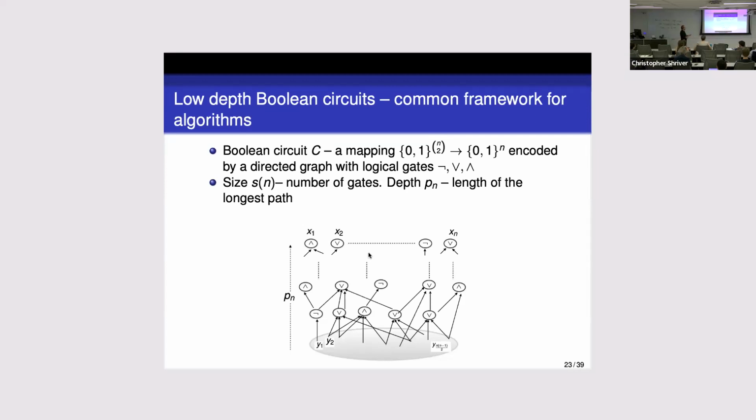All right. So what is the class of algorithms that we consider here? The class of algorithms called Boolean circuits is constructed by considering a certain directed graph. Here it's a directed graph going from down up, so it's an upward direction. All intermediate nodes have associated logical gates, negation, OR, or AND, except for the bottom part, and including the top part.